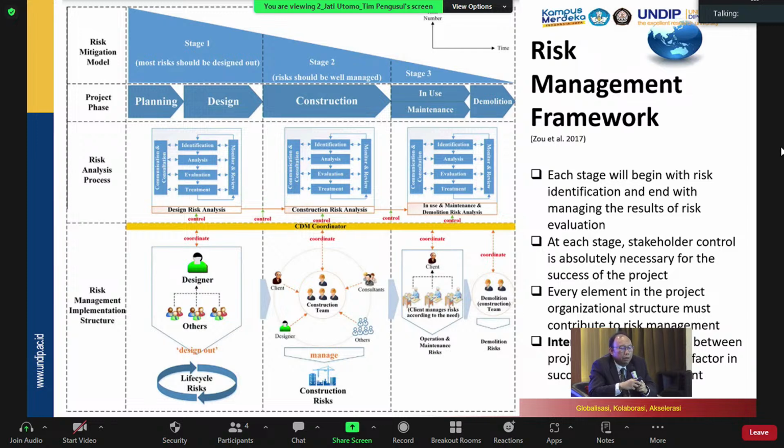And also it may involve different stakeholders, as we understand that in every phase of the project, we may have different stakeholders, from the designer, the consultant team, the client, the vendor, and so on and so on.